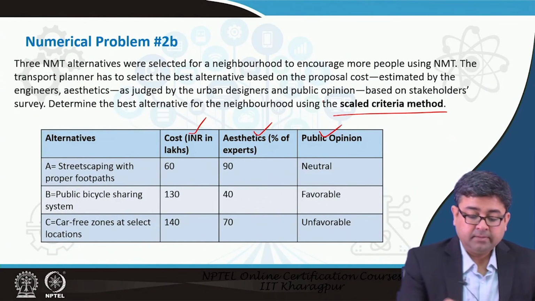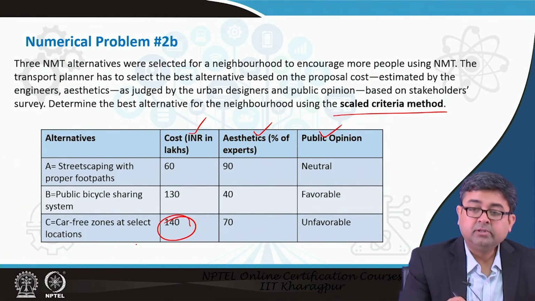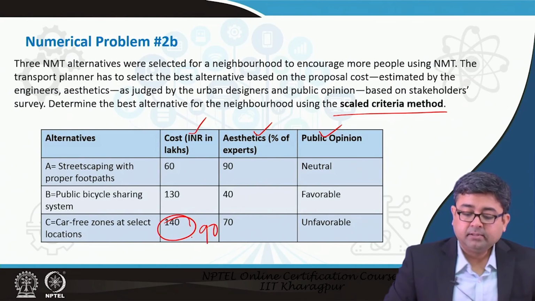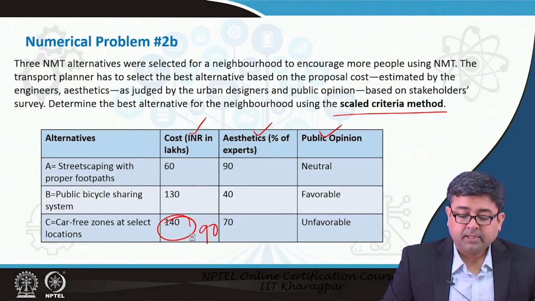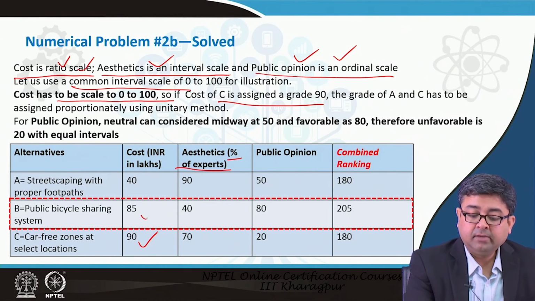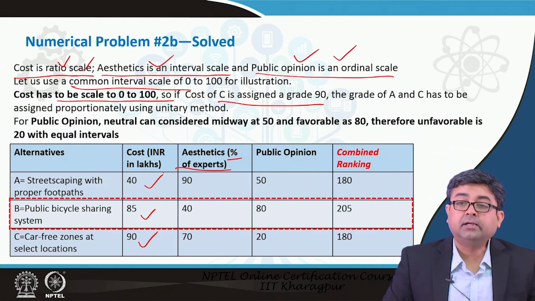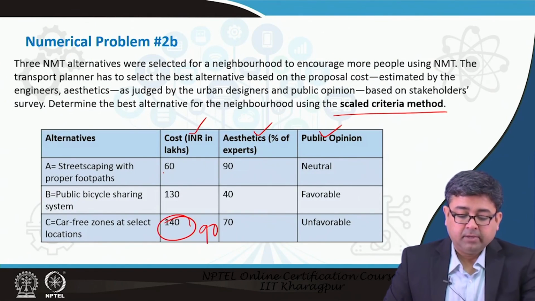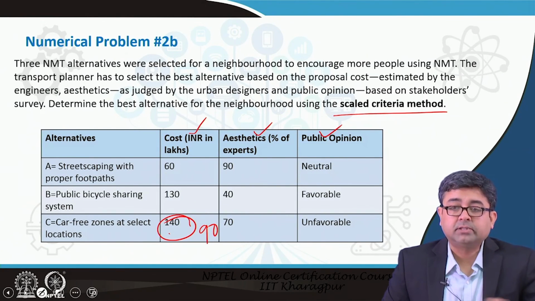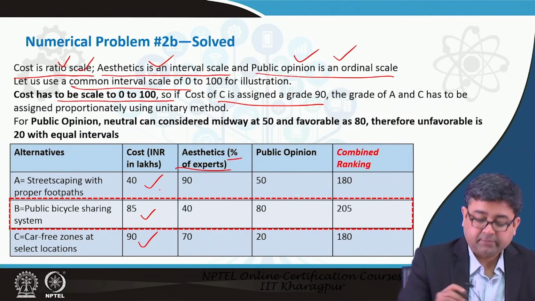Cost C is the highest cost, so on a scale of 0 to 100, let us give it 90, and proportionately we can give the other 2 projects their values. If 140 is 90, then how much is 130? So, maybe it is 85.